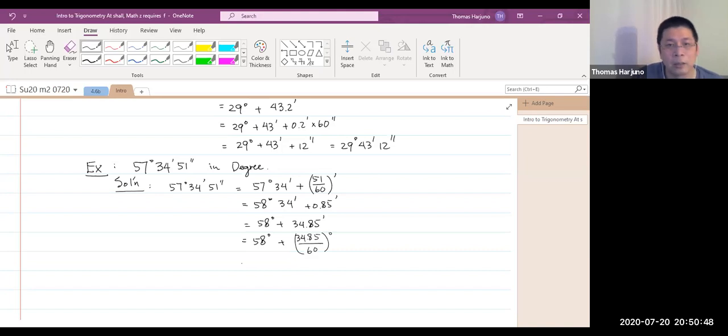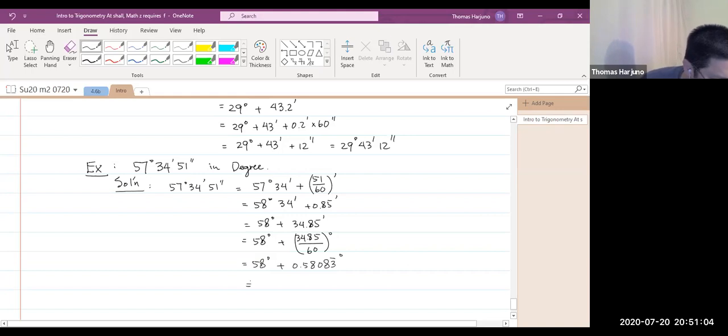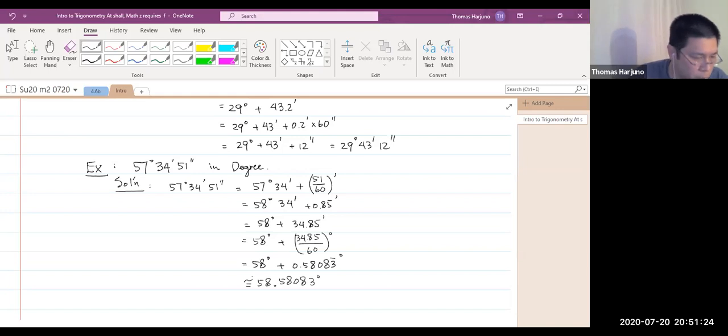I get 57 degrees plus 0.58083 bar degrees. Now, we usually just round it to 5 decimal places, right? Okay, so I get, oh, they happen to be nice numbers, 57.58083 degrees. That's how we convert from DMS to degree, and the previous one from degree to DMS.